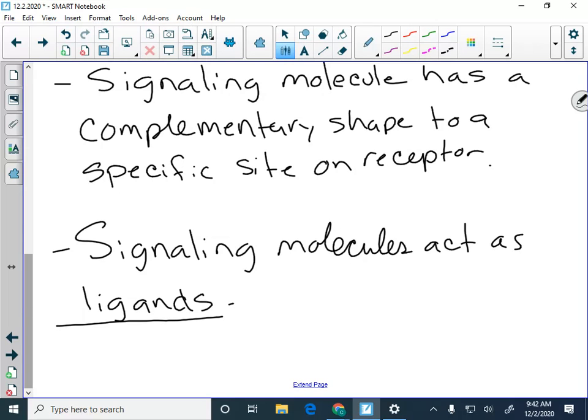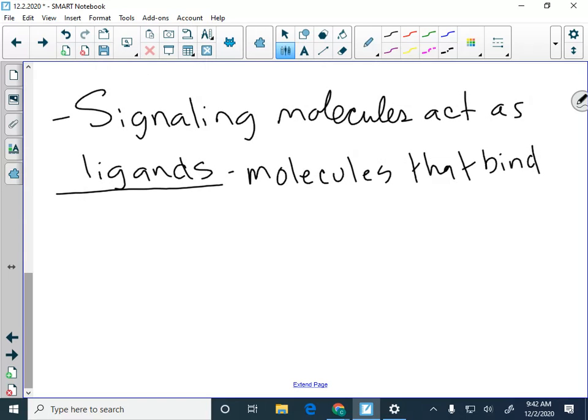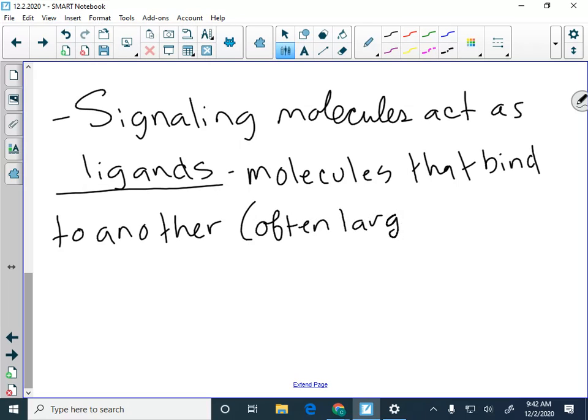Ligands are molecules that bind to another, often larger molecule, causing it to change shape.